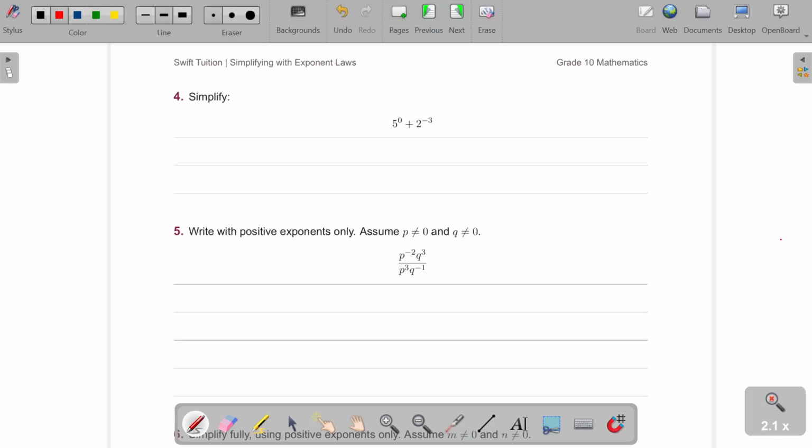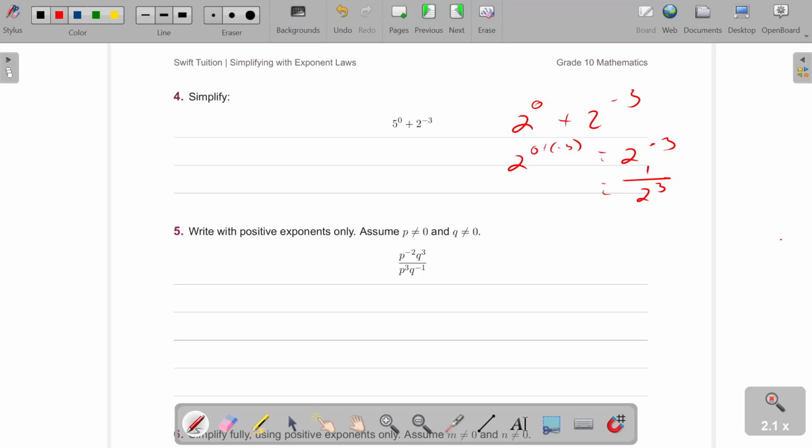Now, when a question asks you to simplify and there's a plus sign, even if they did have the same basis, it's not going to be a cute merge and match, right? Even if this was 2 to the power of 0 plus 2 to the power of -3, you can't say, well, plus is pretty much the same as multiply, so this is just going to be 2 to the power of 0 plus -3, and then that's 2 to the power of -3, and we know that when you have a minus, you can bring it to the bottom of the division sign, so that becomes 1 over 2 to the power of 3, because you need to change the sign.